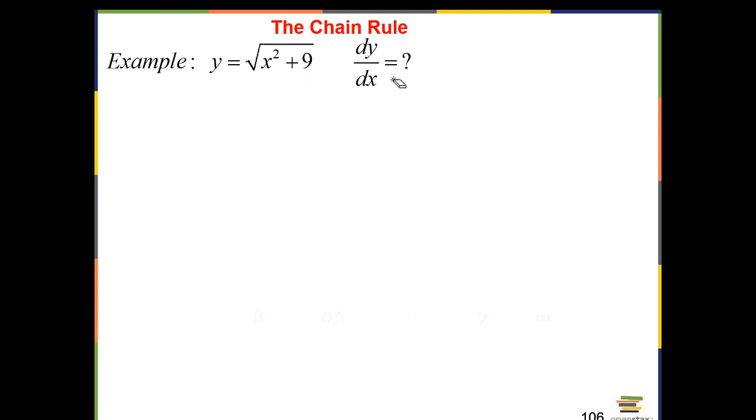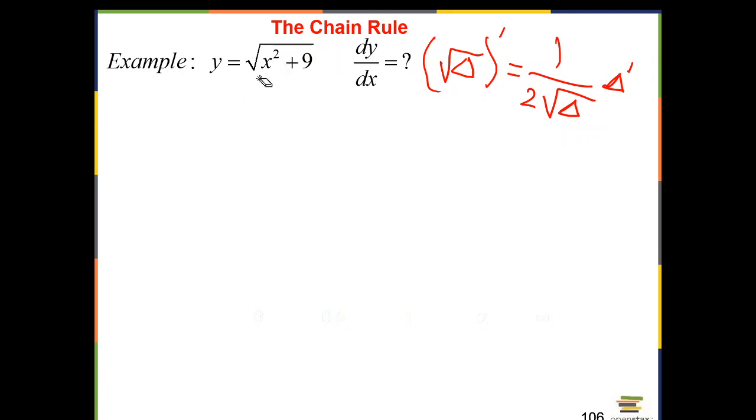Now, here is something useful to memorize. Derivative of the square root of something, let's put something like a triangle, is 1 over 2 square root of something times something prime by chain rule. So what's the derivative of square root of something?